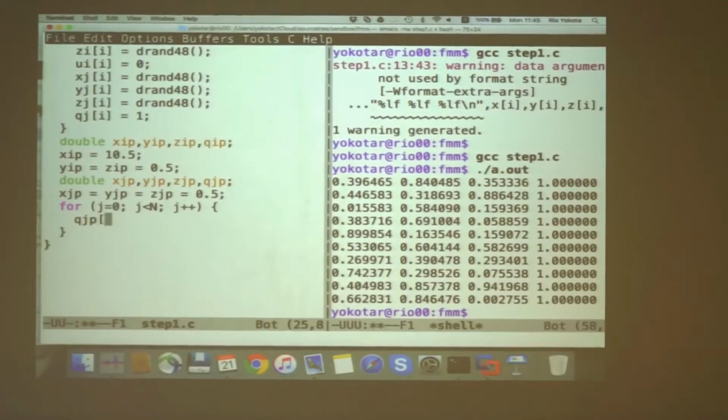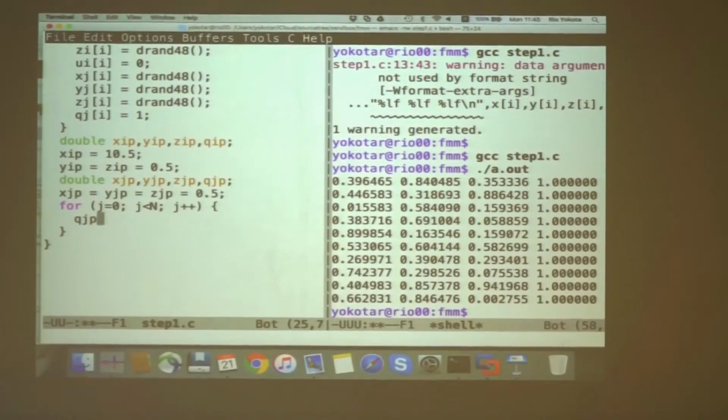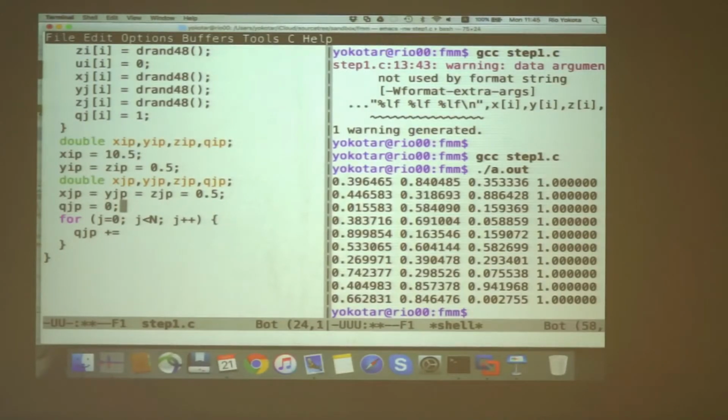Okay, now I'm going to do the summation. I'm going to start with qjp equals 0, and then I'm going to add all the qj's. So this will add all the qj's into qjp. This is step 1. Maybe I should write it somewhere. This is step 1 in the slides.